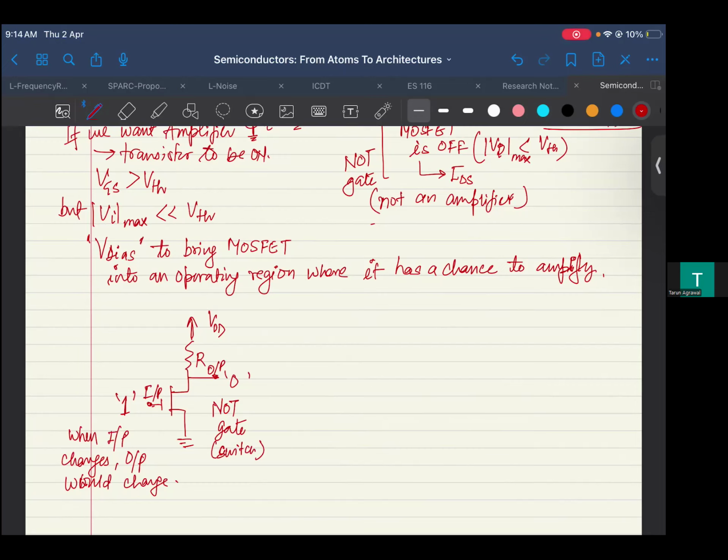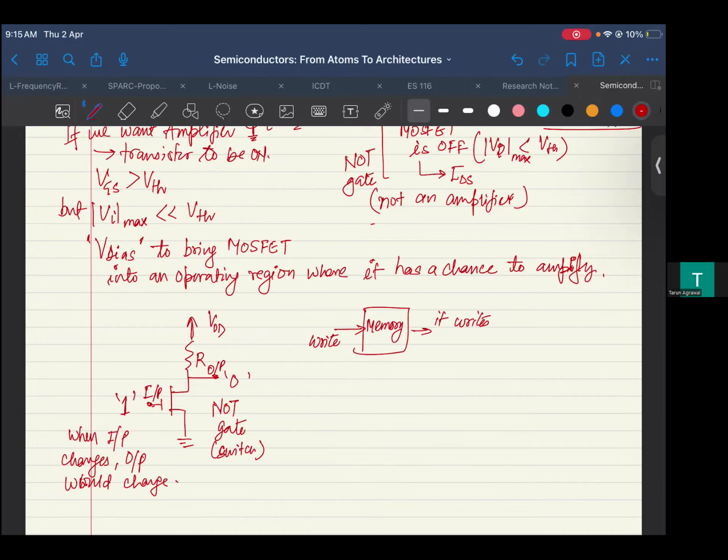And until it goes beyond a certain point, so what I want is a memory element, for example, where when I want to write, it writes, right?